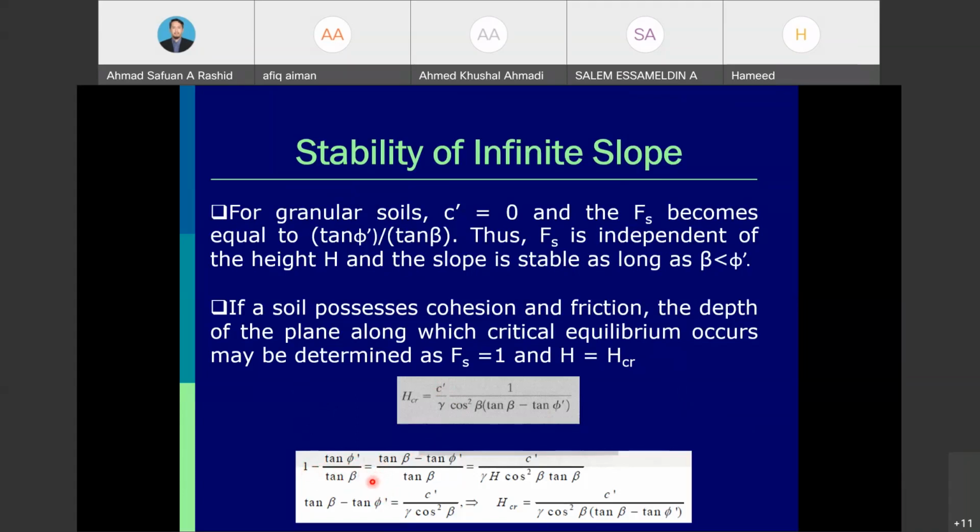So from there, they do the calculation to obtain the value and the equation for this HCR.